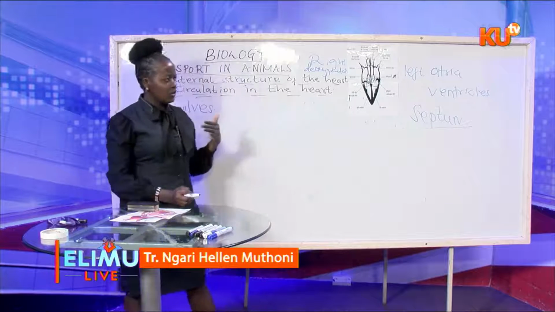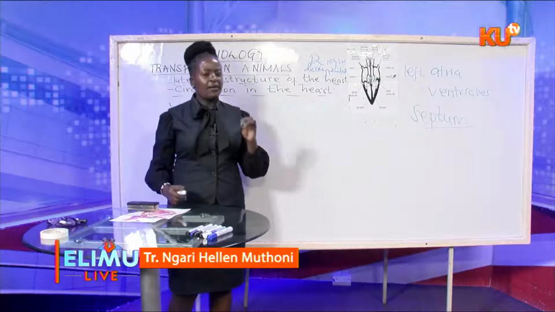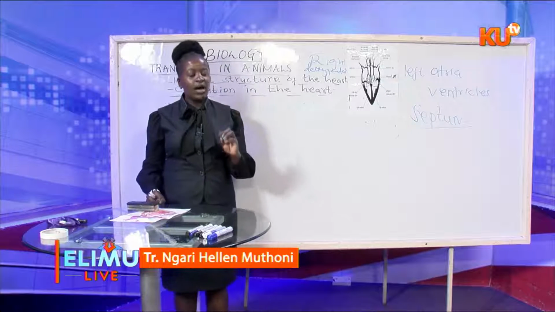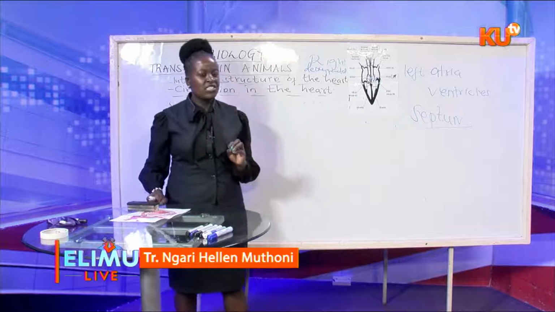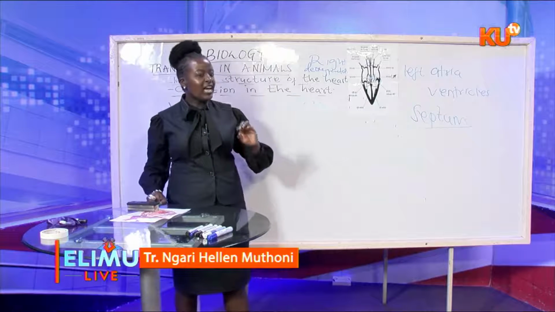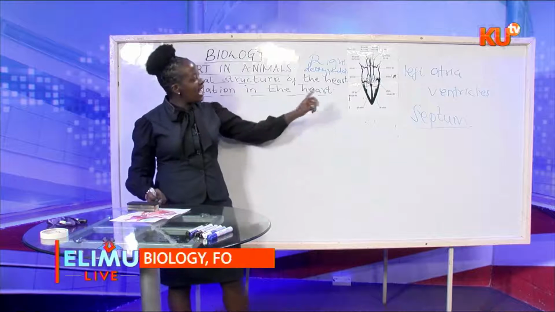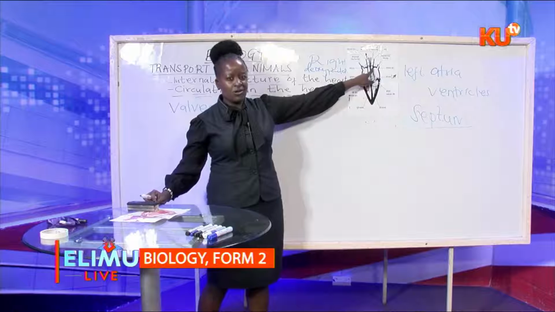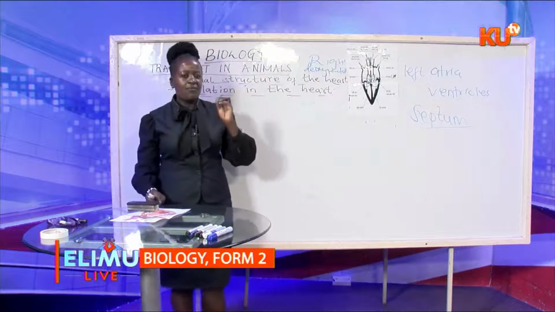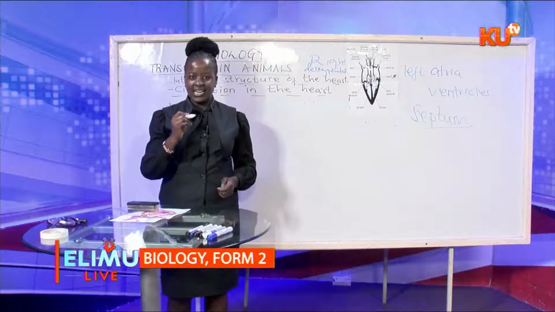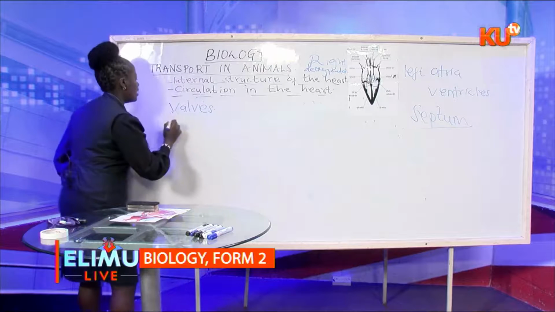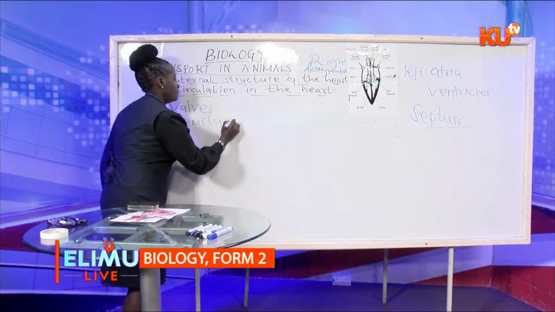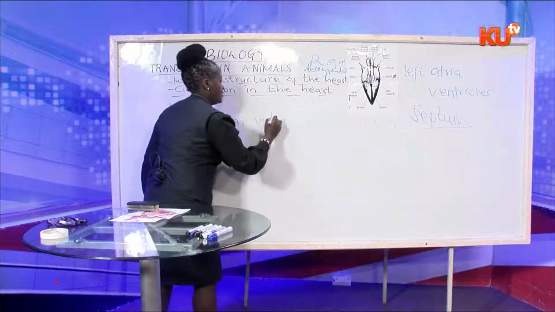So coming back to the valves, we usually have two sets of valves. One set is found beneath the major arteries. Which are the major arteries? The major arteries are the pulmonary artery and also the aorta. The valves that are found beneath the major arteries are called semilunar valves.